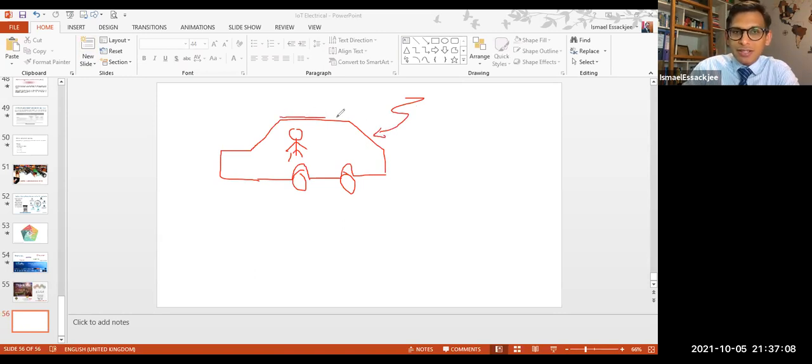So basically, Shahrukh is not going to have any electrical discharge, because the car is metallic and Shahrukh is inside the car. The frame of the car is going to act as a Faraday cage.